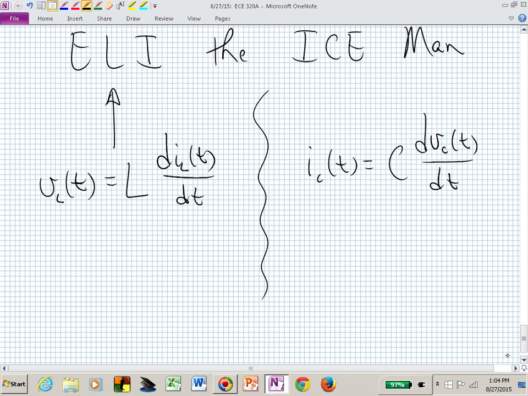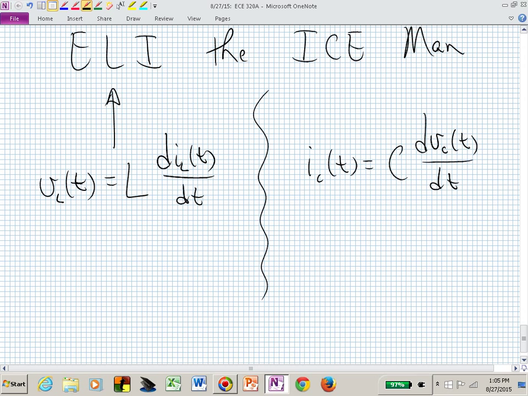But really why right now we're interested in Eli the Iceman is to understand the relationship between the phases of voltage and current in those two reactive elements. And Eli the Iceman actually gives us a visual way to keep track of that.